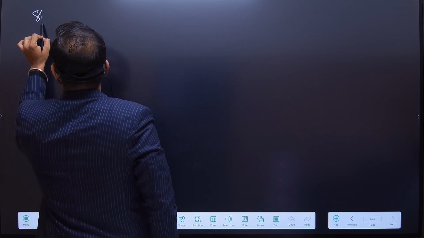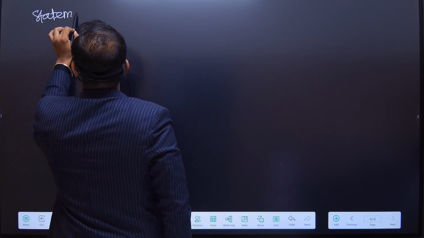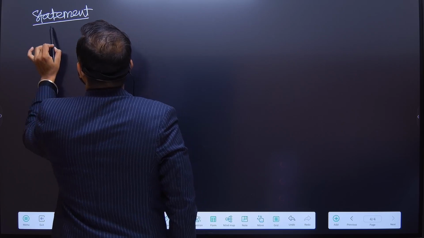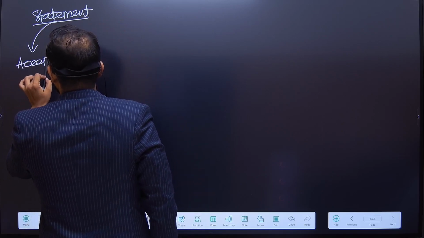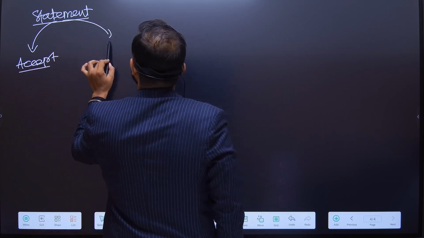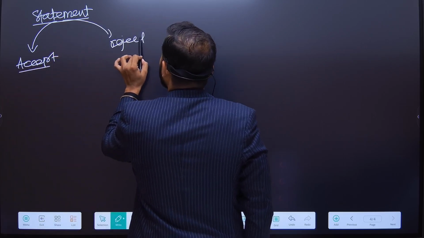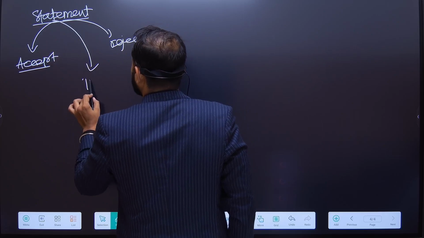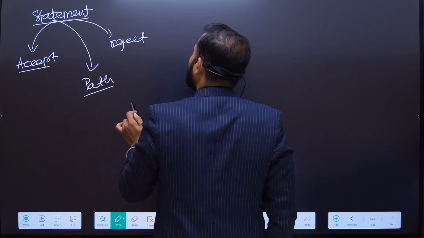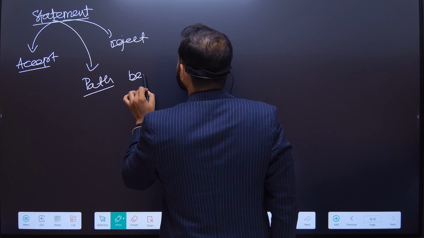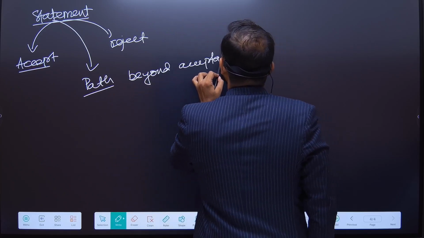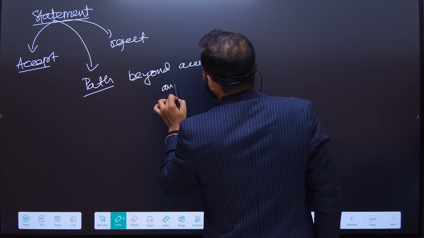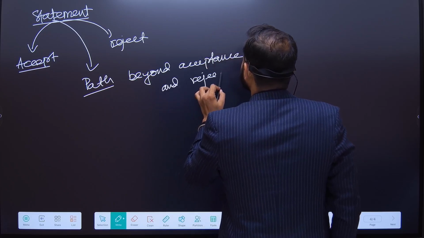Then for this statement, you will argue accepting, you will accept this statement and you will try to reject or go towards a path, if any, beyond acceptance and rejection.